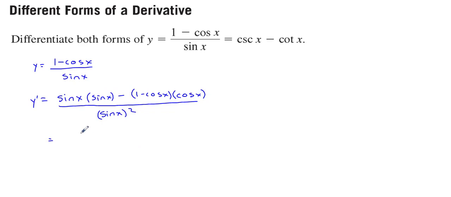Okay, sine times sine, sine squared, minus, it looks like we have to distribute. Okay, that would be negative cosine. And then we have negative times negative cosine times cosine, which would be plus cosine squared.